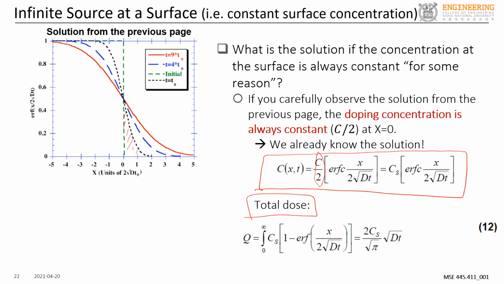Because previously in case number 3, you were just moving those dopants from here to here, but now you're actually adding dopants into the silicon, so the dose will increase with time. So you need to integrate the concentration over x times dx, and then this integration will give you this one. So this will be the dose you are getting in the structure or silicon.